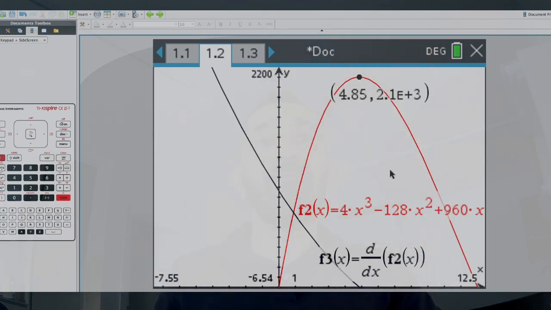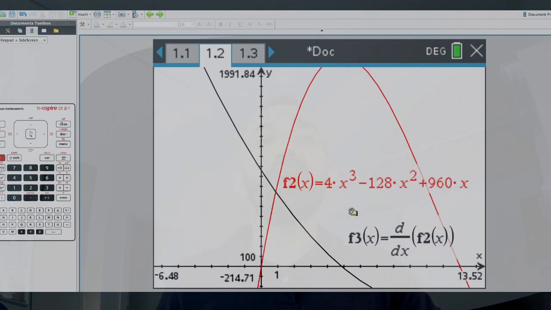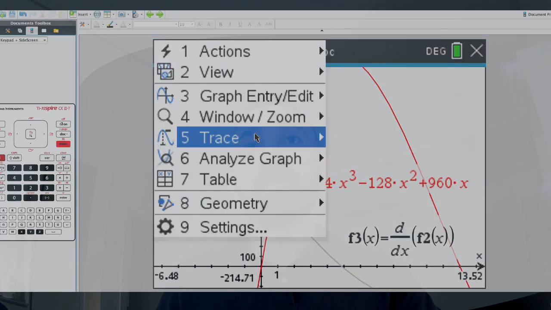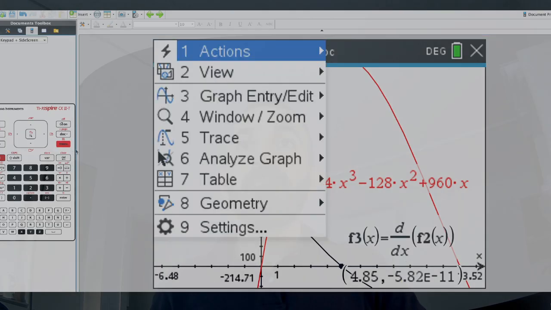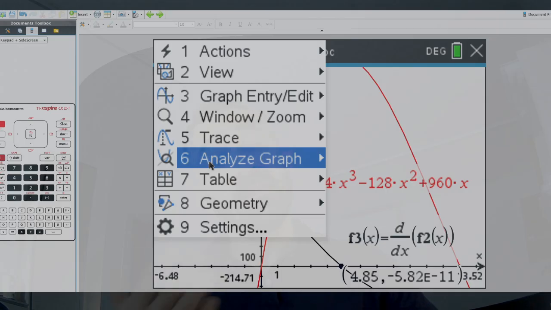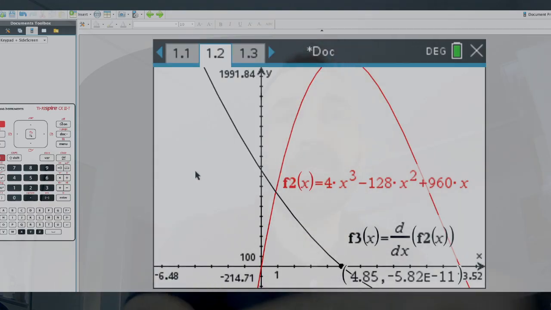Now the black is the graph of the derivative. Let me find the intersection. Analyze graph, zero. Isn't it exactly 4.85? What does it mean? It means that the derivative before that point is positive, so you're going up. Then it's 0 at 4.85, and then it's negative, so you're going down in the main function. So it's a maximum point.